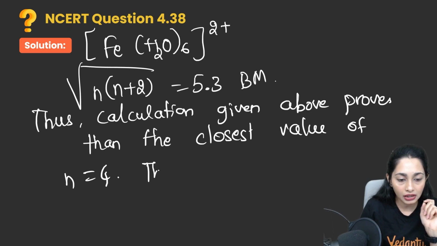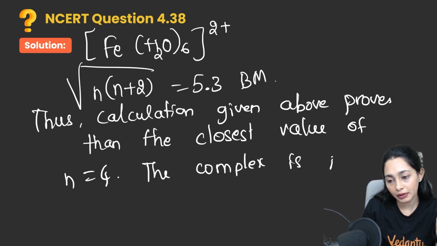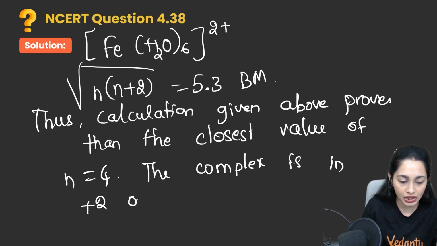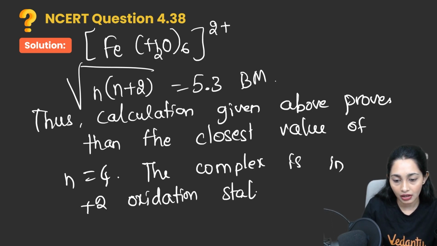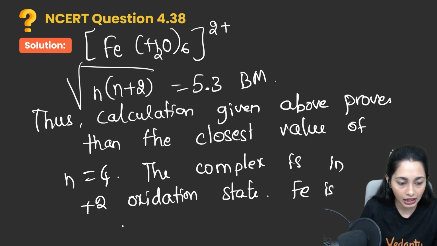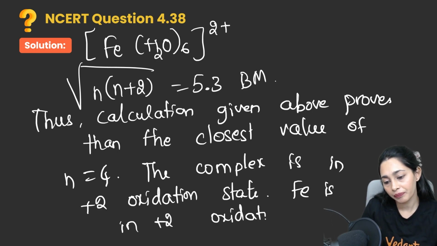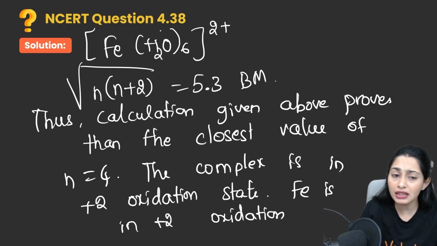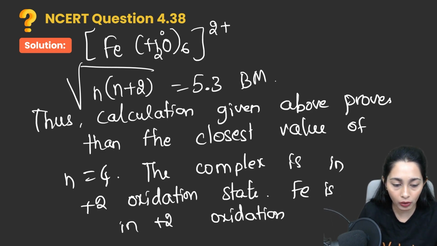And the complex is in +2 oxidation state. So, of course, metal Fe is in +2 oxidation state because this ligand has 0 charge. Okay, +2 oxidation state.